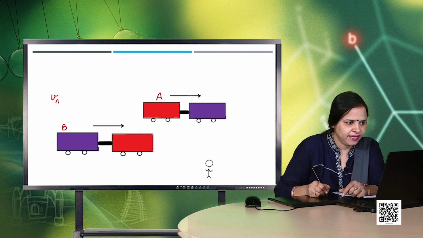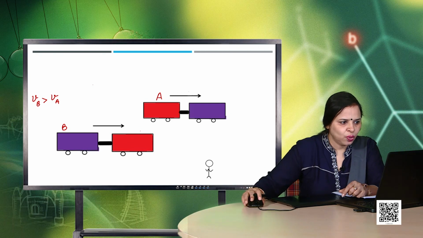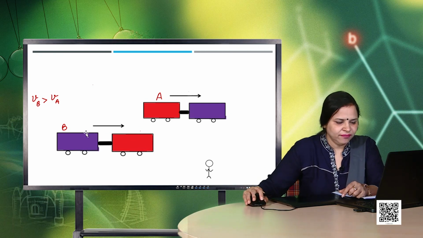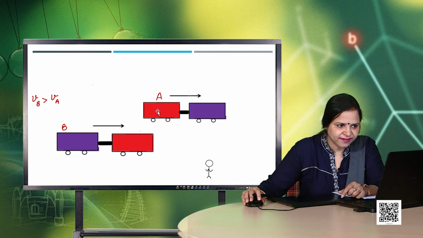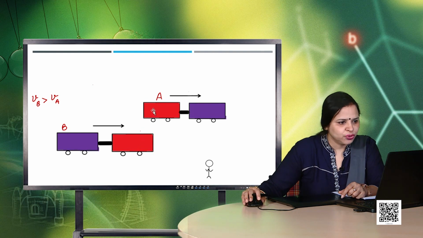Suppose the velocity of train A is VA and the velocity of train B is VB, with VB greater than VA, so that it may overtake train A. During the time when train B, which is moving faster than train A in which you are sitting, overtakes train A, the velocity of train B may appear slower than its actual speed to you sitting in train A. But the same train B will appear to be moving with the actual speed to an observer standing on the ground.